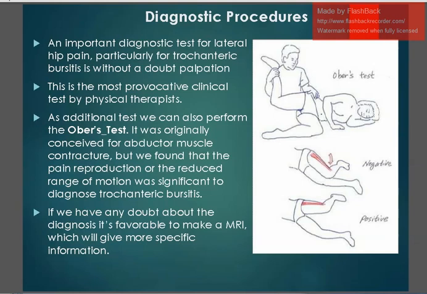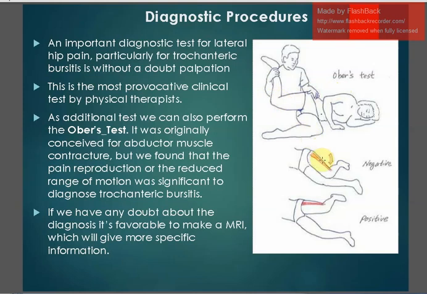Additionally, we can do an Ober's test, which is related to this. As we know, in this test we abduct the hip and put it into slight extension. Here in this picture you can see the knee is flexed, but we can also do it with the knee extended. In the knee extended position, the ITB band is fully stretched, so it is actually better.